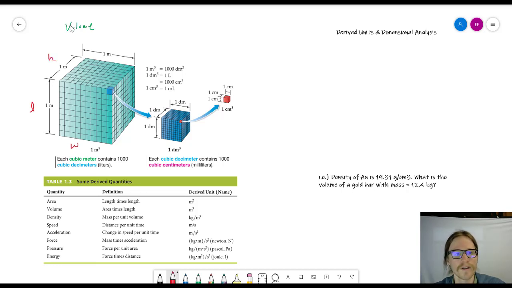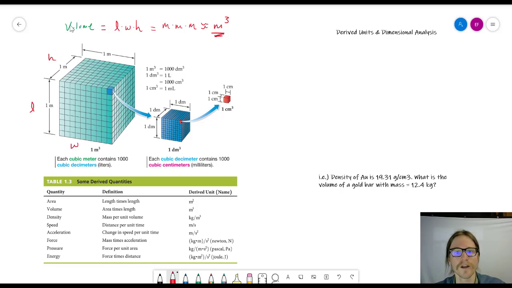So multiplying these 3 dimensions by each other, each with their own unit of measure, in this case meters, would allow us to derive a new unit for volume. And so volume, as we know, is length times width times height. Each one of those is going to be in units of meters. So meters times meters times meters is going to give us a derived unit for volume of meters cubed.